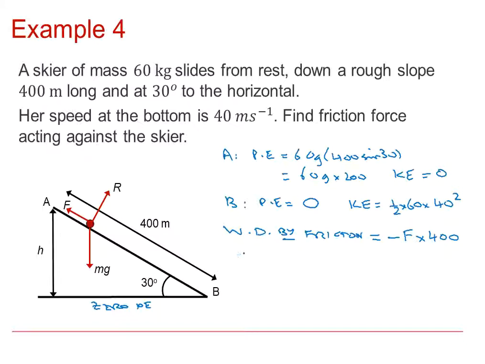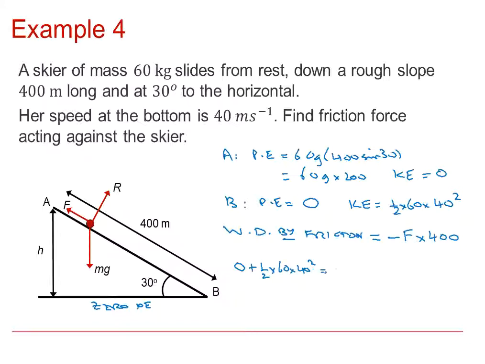Now I'm going to do final mechanical equals initial mechanical plus work done. So the final potential is 0. The final kinetic is a half times 60 times 40 squared.